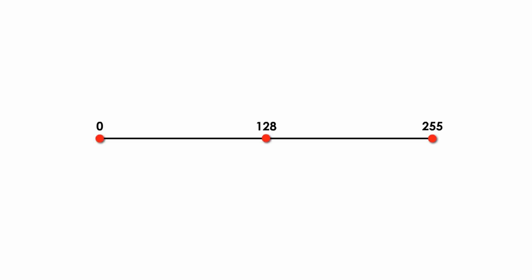If I continue to evenly divide this line into 4 segments with equal length, I would divide evenly the left half into 2 parts and the right half into 2 parts. I mark them with the numbers 64 and 192.